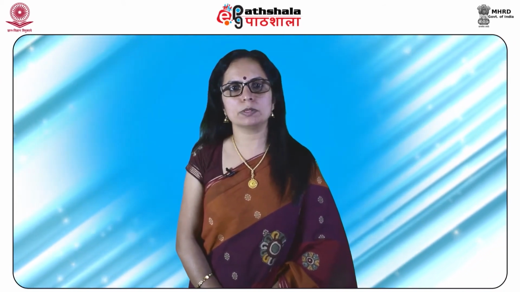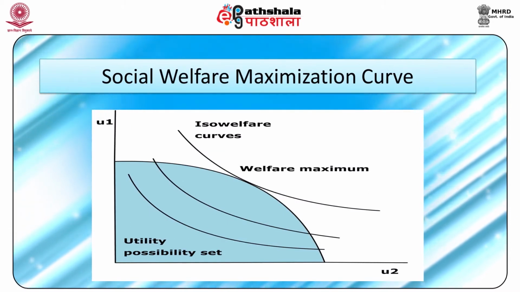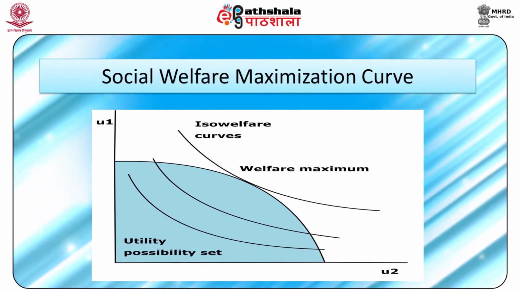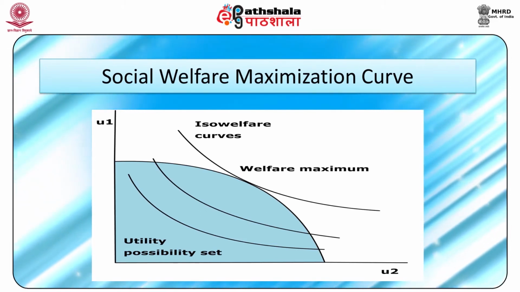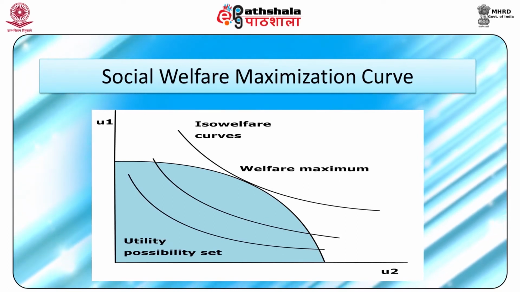This situation is illustrated in figure 6.1, where the set U indicates the set of possible utilities in the case of two individuals. This set is known as the utility possibility set.